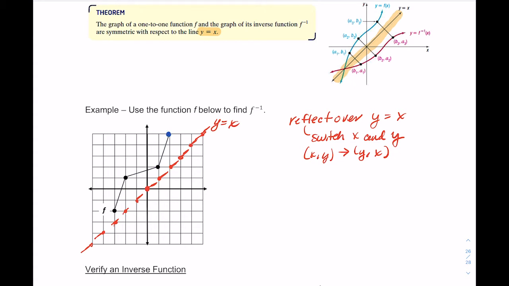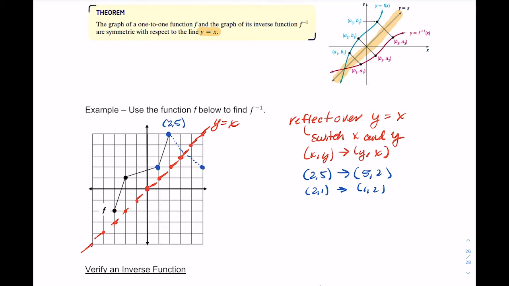That's the point 2, 1, 2, 3, 4, 5. To graph the inverse, I'm just going to switch it around and it's going to become 5, 2. So now when I graph 5, 2, that point right there, you can see that these are the same distance from the line. If I was to fold along that red dashed line, those two points would map onto each other.